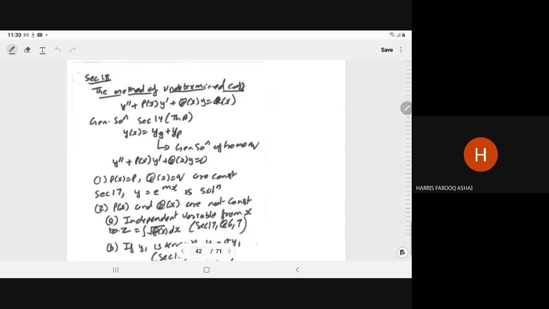Now, the method of undetermined coefficients. So till now we have seen how to solve the homogeneous differential equation, right? Now we are moving to the non-homogeneous part. So let us have the general equation y double dash plus px y dash plus qx y equal to rx.